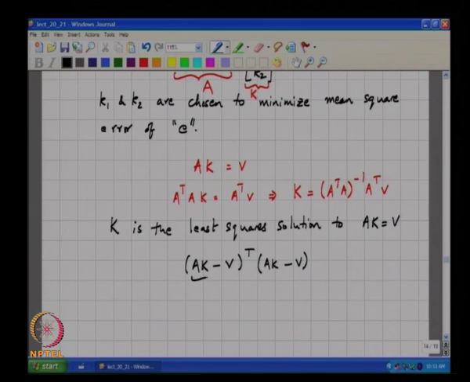So this is basically E transpose times E, which gives you the sum of the squares of E, and that divided by the number of samples will give you the mean square E. Is this clear? If you do not know least squares solution to a set of equations, you can read it up, but at this point all that I want you to appreciate is that it is possible to choose K1 and K2 such that the error is minimized, correct.